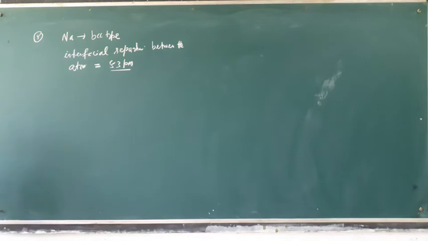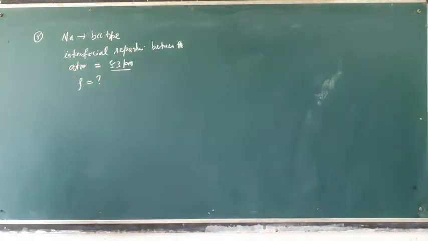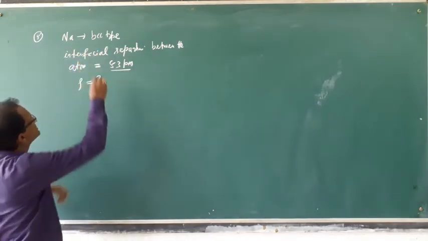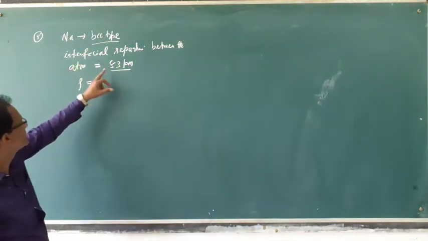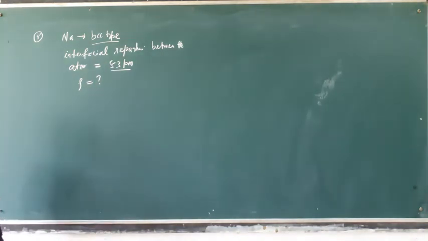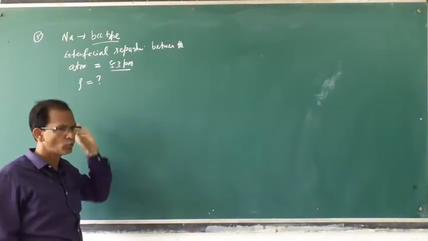But your question is, calculate the density, rho. Nothing else is given. Only the interfacial separation of sodium BCC type is given, and the question is density. Pause the video and try to solve it.